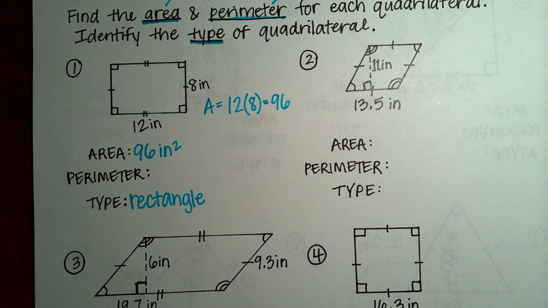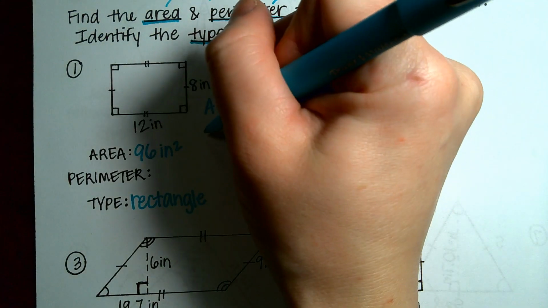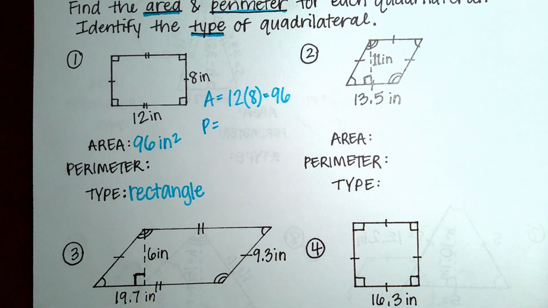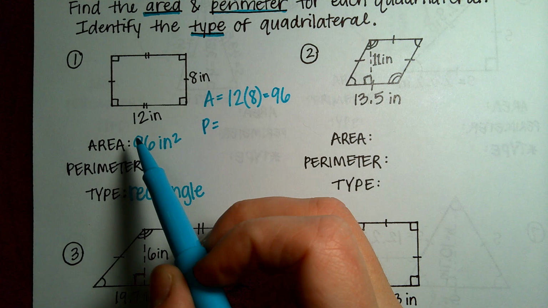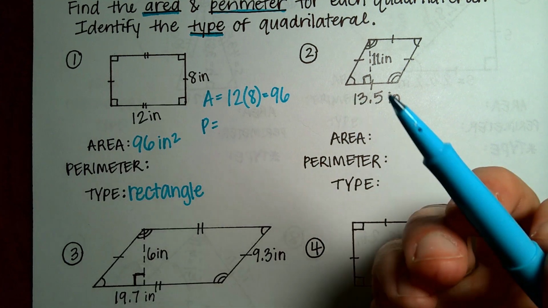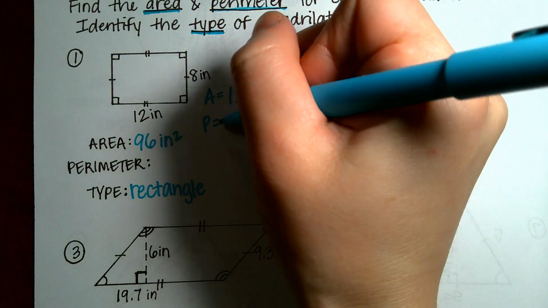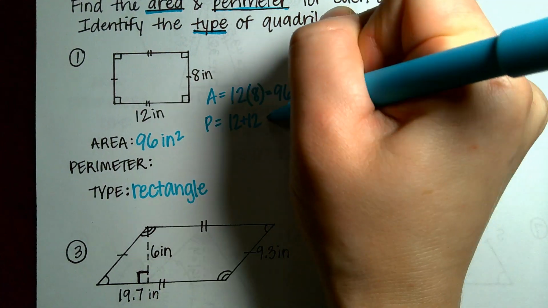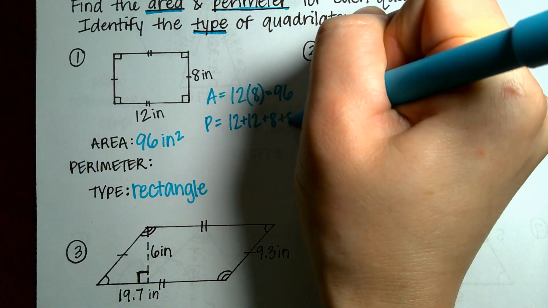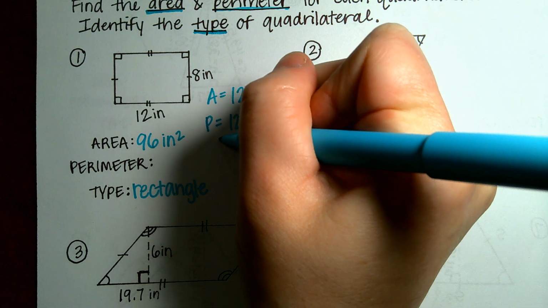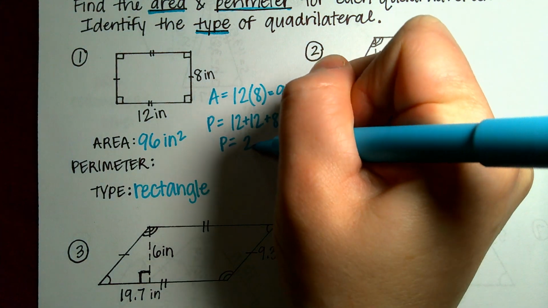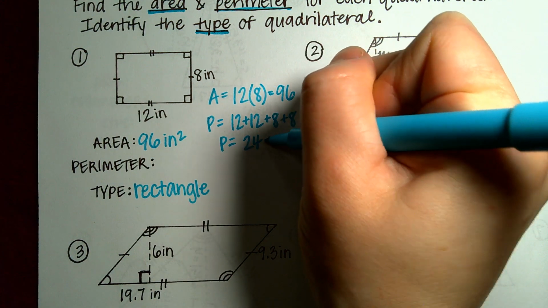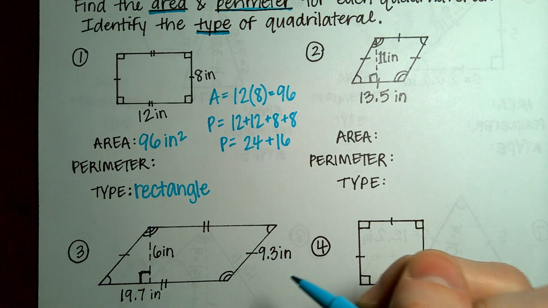Okay, so now how would we find the perimeter? Basically, 12 plus 12, 8 plus 8. Very good. So let's see, 12 plus 12 plus 8 plus 8. So we've got 24 plus 16.